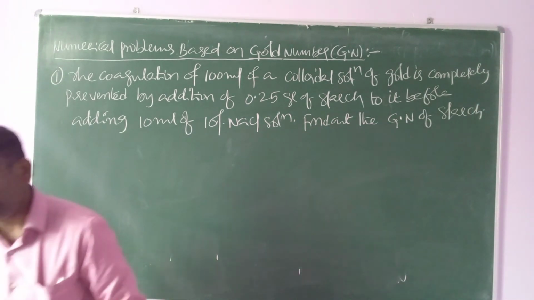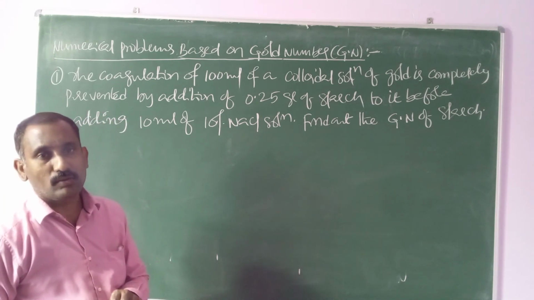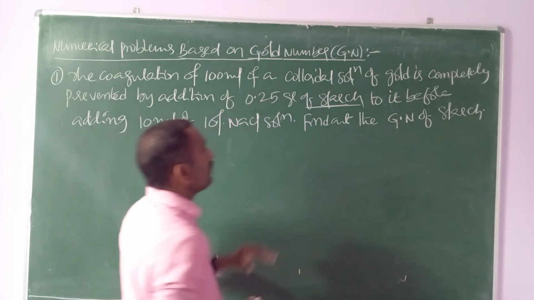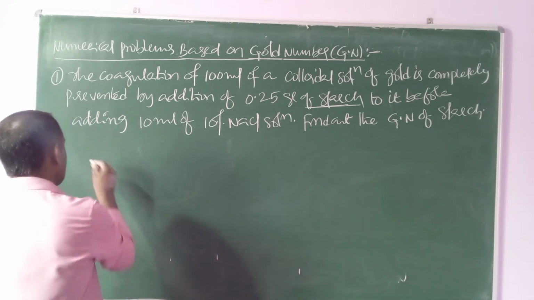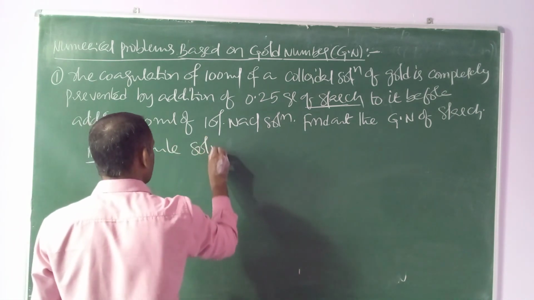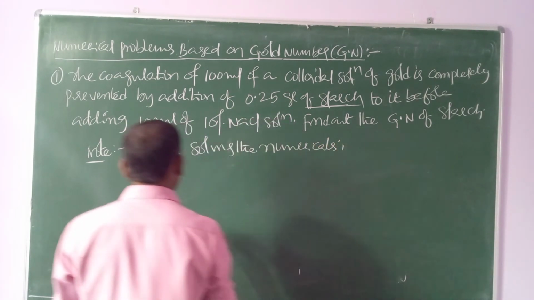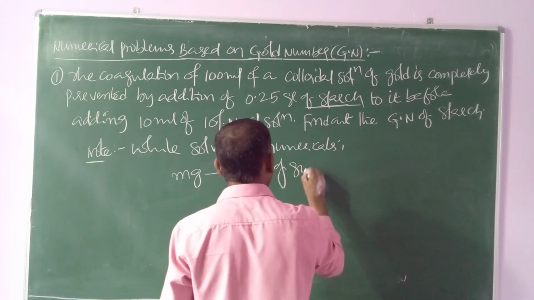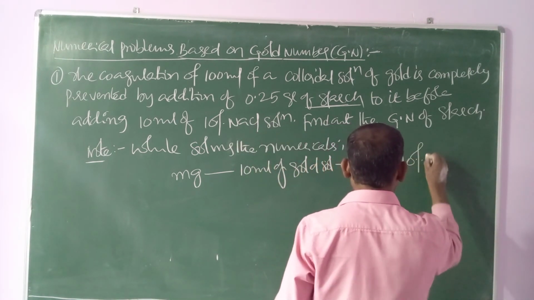So again I am repeating, what is meant by gold number? Anyhow, the definition is not important. While solving numerical problems based on gold number, the amount of lyophilic sol like starch should be in milligrams. Here a small note I will write. While solving the numerical problems, the amount should be in number of milligrams, and 10 ml of gold sol according to definition, and 1 ml of 10% NaCl solution.